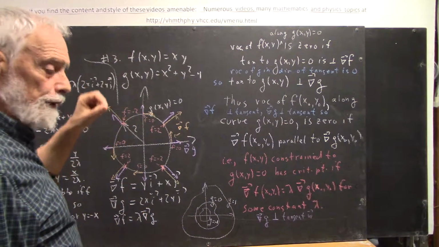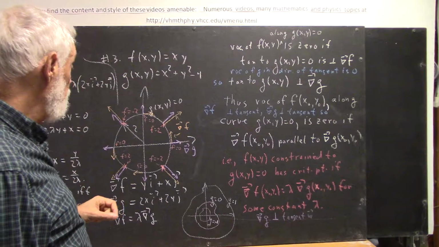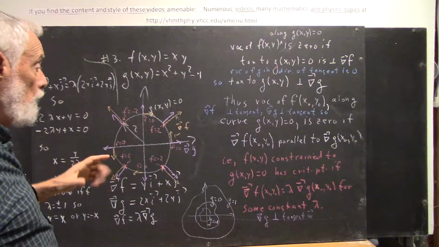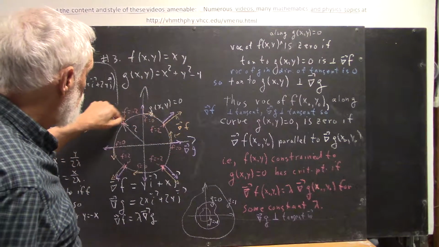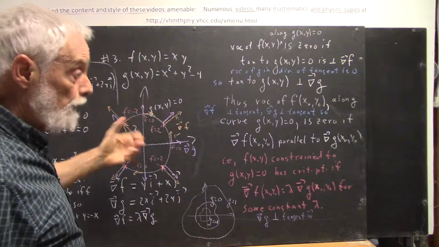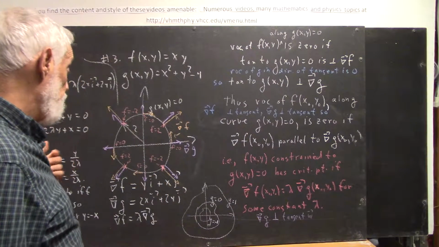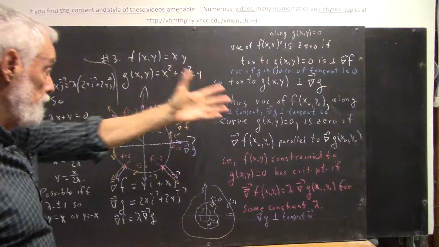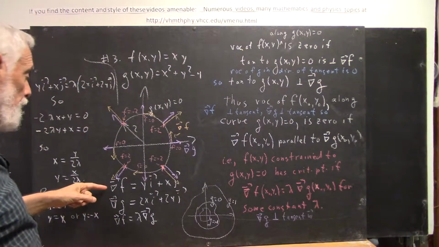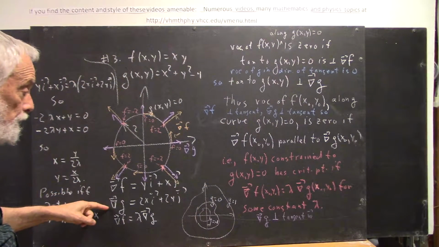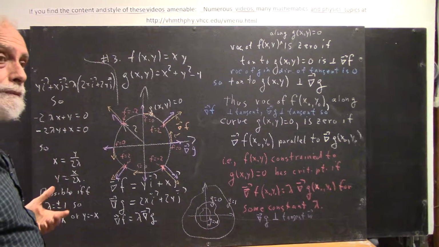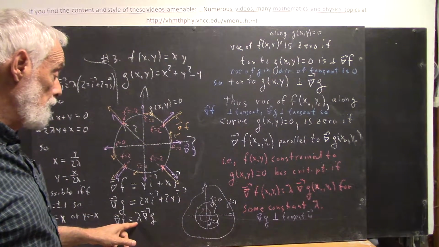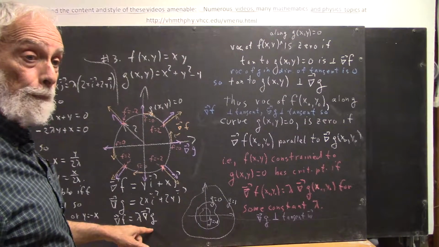If this function has relative maxima and minima, any relative max or min is going to occur when, as we move along this curve, the value of f neither increases nor decreases at the given point, which means, for reasons that we outlined, that del f and del g have to be parallel, so that del f is some multiple lambda of del g.